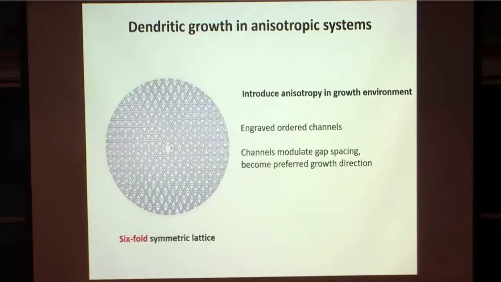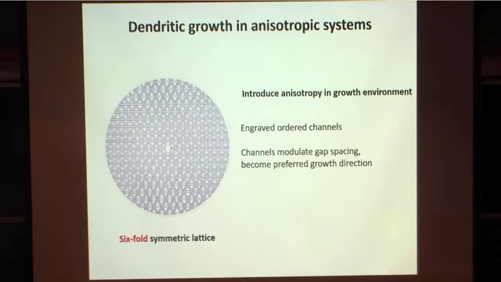And so we don't have any symmetry in the structure of our liquid, but we can impose a symmetry to simply the environment where these structures grow. So I can take my same plates, but now make my system directional by engraving with, for example, a laser cutter, an ordered lattice onto one of my plates.